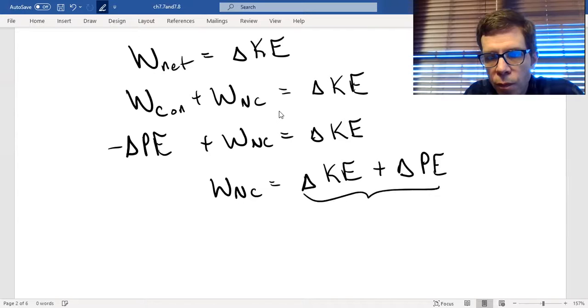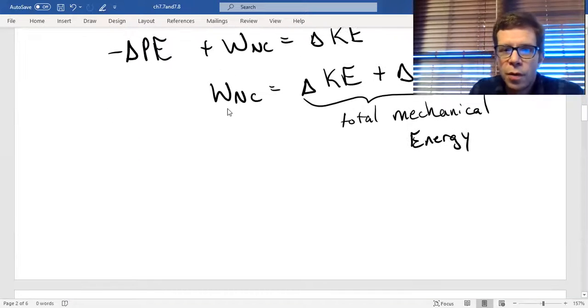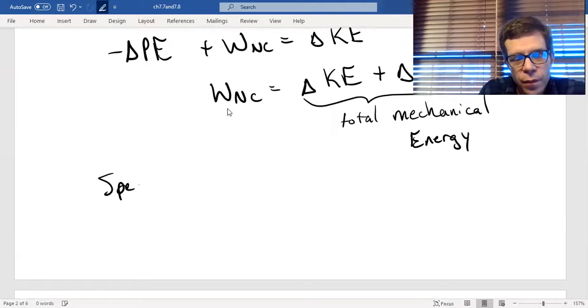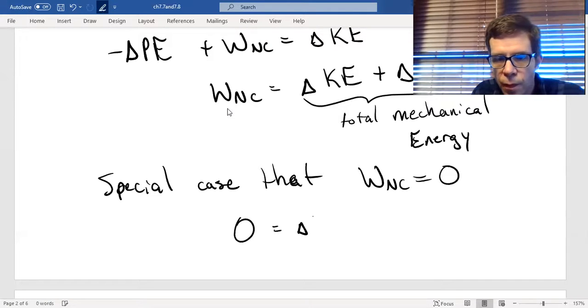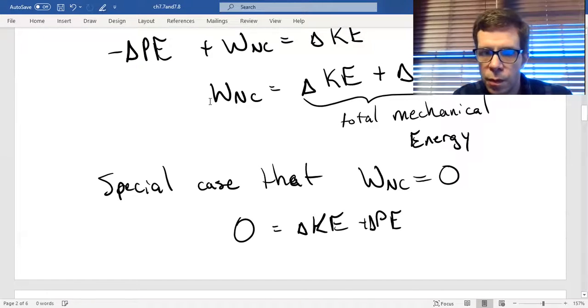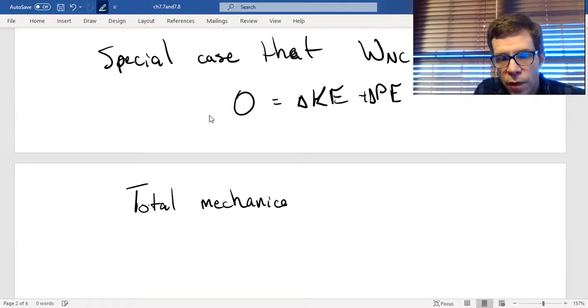All right. So now you look at the special case. So in the special case that the work done by non-conservative forces is 0, we get that the change in kinetic energy plus the change in potential energy is 0. And that means that the total mechanical energy is conserved.